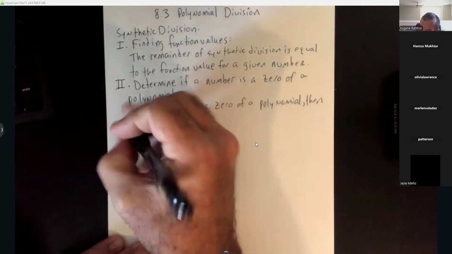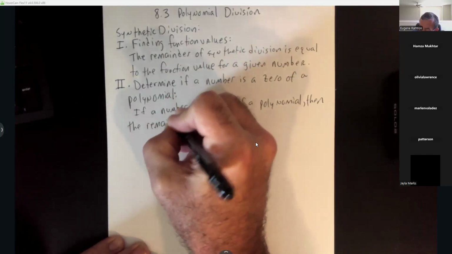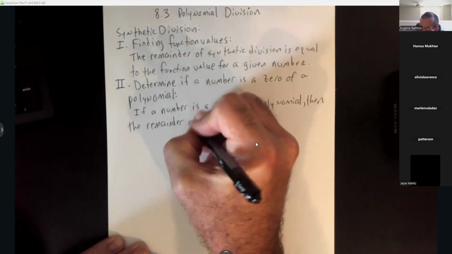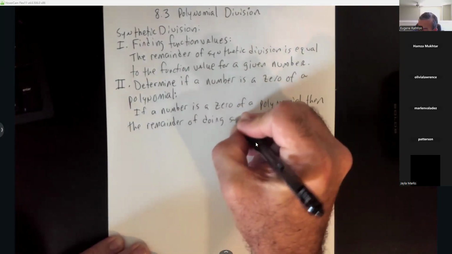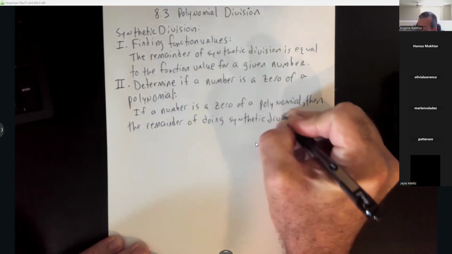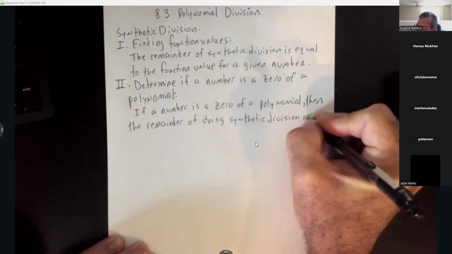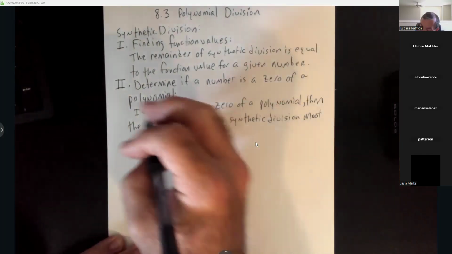then the remainder of doing synthetic division must be zero.